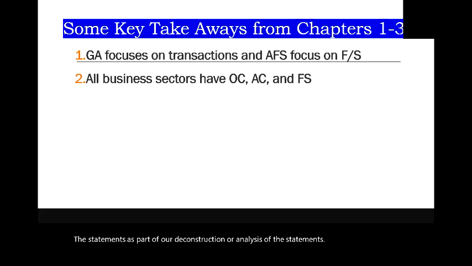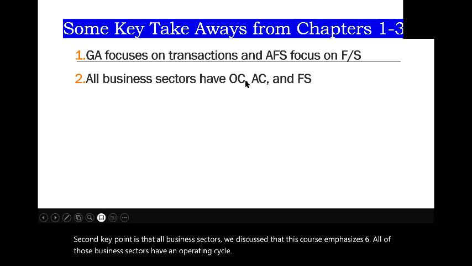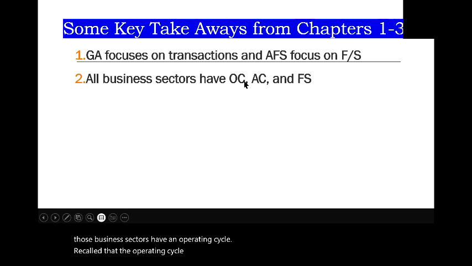Second key point is that all business sectors, we discussed that this course emphasizes 6, all of those business sectors have an operating cycle. Recall that the operating cycle is the one that begins with cash and ends with cash.